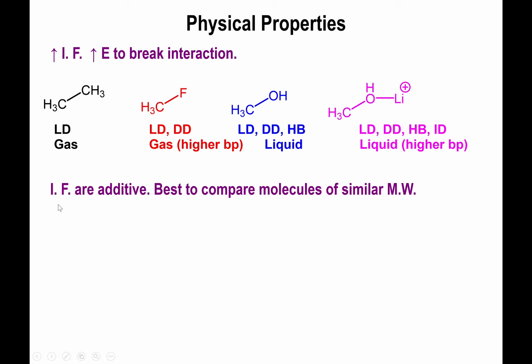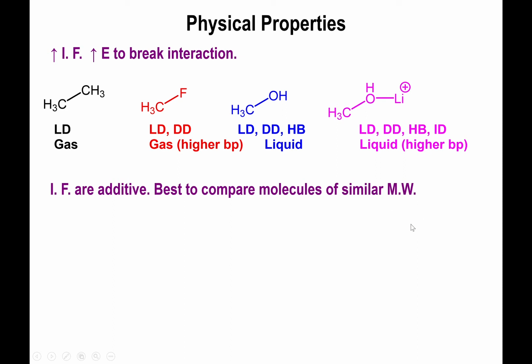The other thing about intermolecular forces that is important to keep in mind is that they are additive. Because of that, when you're comparing them based on London dispersion forces, dipole-dipole forces, hydrogen bonding, or ion-dipole, it's best to compare them so long as the molecular weights are similar to each other.